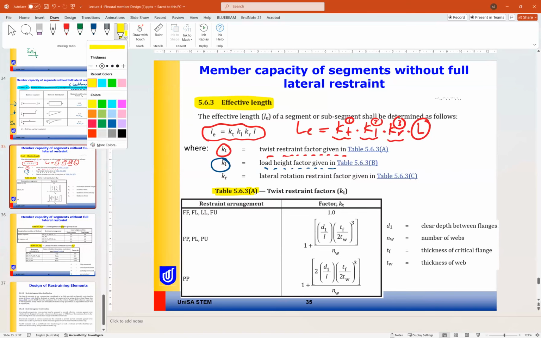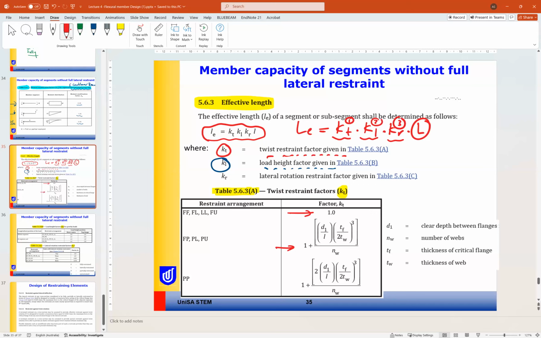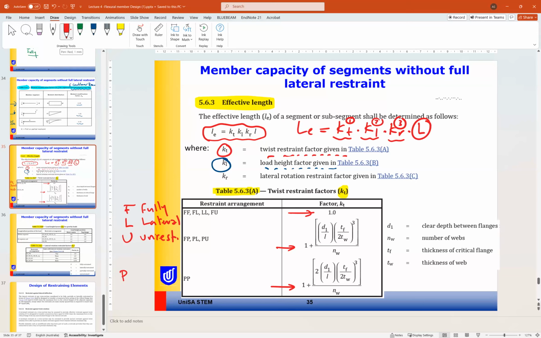Start with KT. KT is the twist restraint factor. It can be one of the following values. We have three values, 1, or 1 plus this value, or 1 plus this value, according to the restraint arrangement. F means fully restrained, L means lateral restraint, U means unrestrained, P means partial restraint.